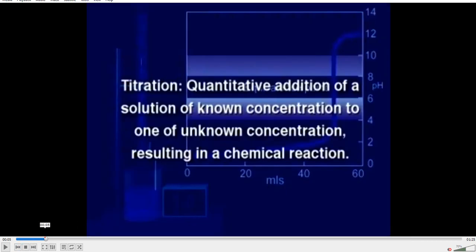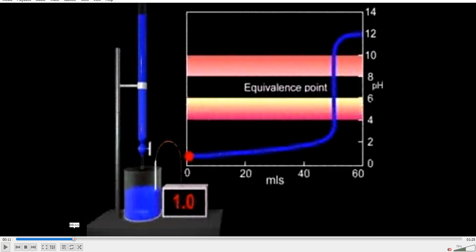So let's go ahead and see this all over again. There's our starting acid and base that we're going to add in. And then on the bottom, we have the amount of mils per second that is going to be added in.